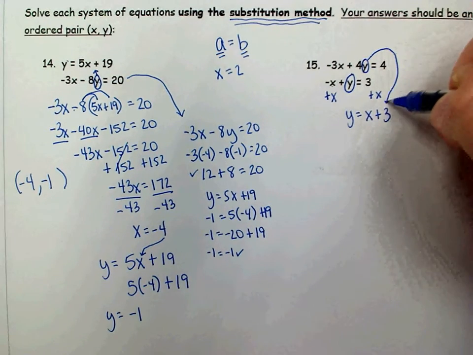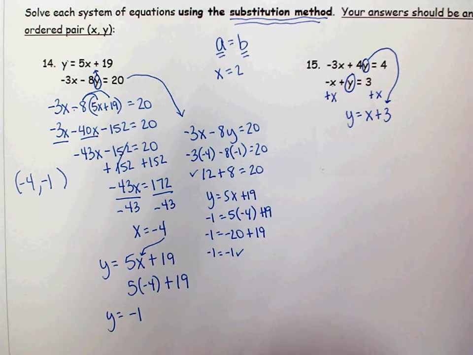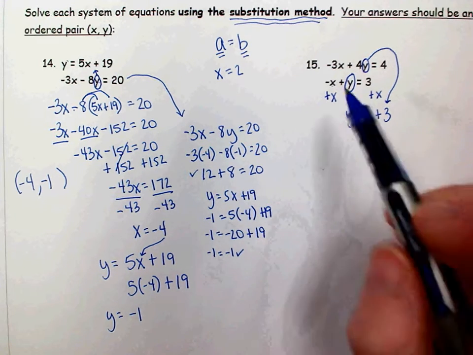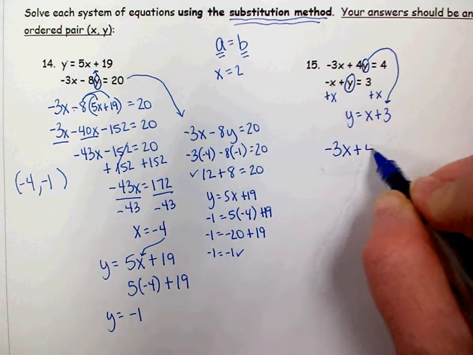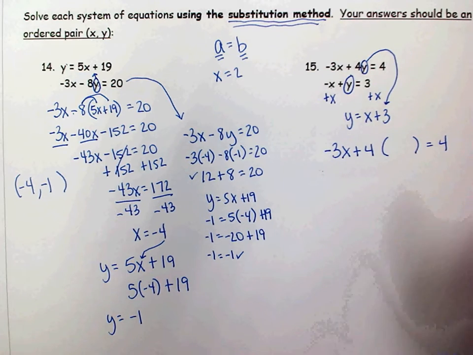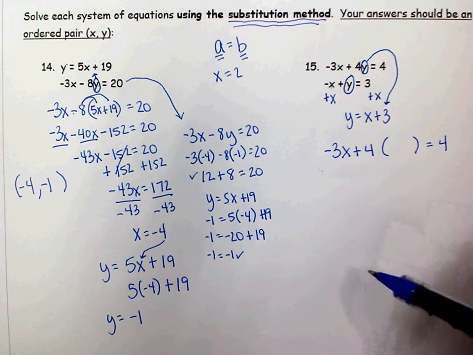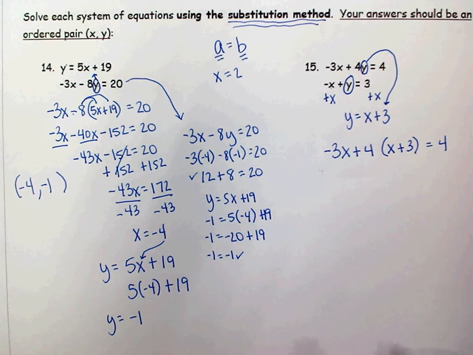Since y and x plus 3 are equivalent, I'm replacing y with the x plus 3. So I'm going to write this equation exactly like it is, except instead of the y, I'm going to put parentheses. And in place of the parentheses, I'm going to put what I'm replacing y with, which is x plus 3. Now I have an equation with just x.